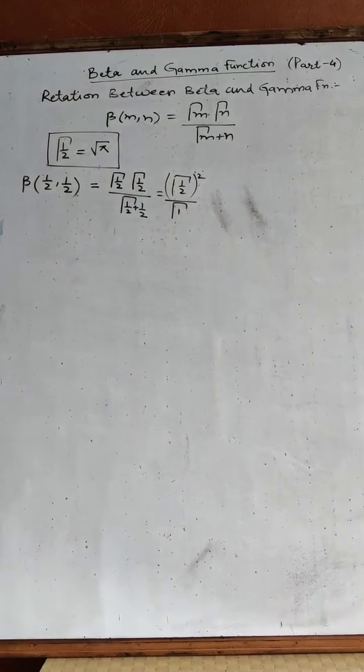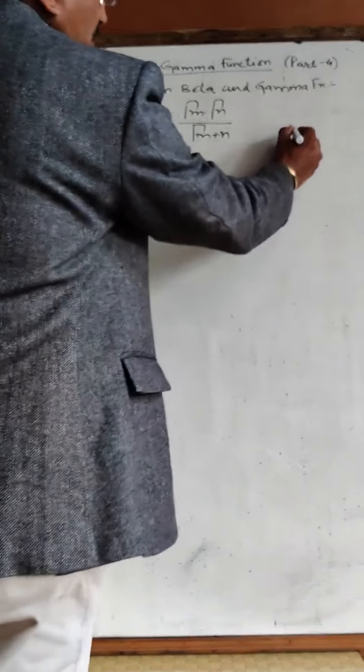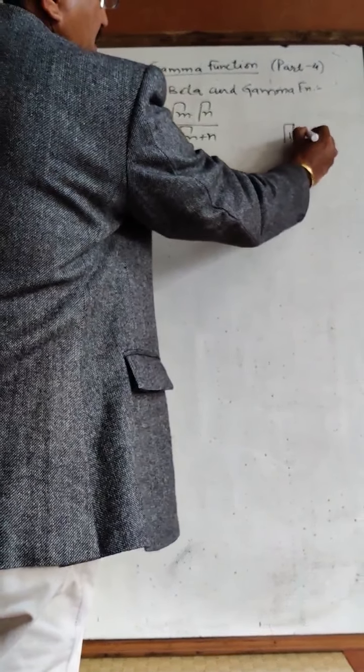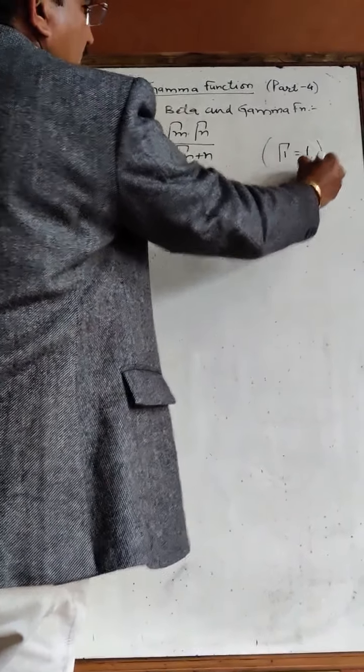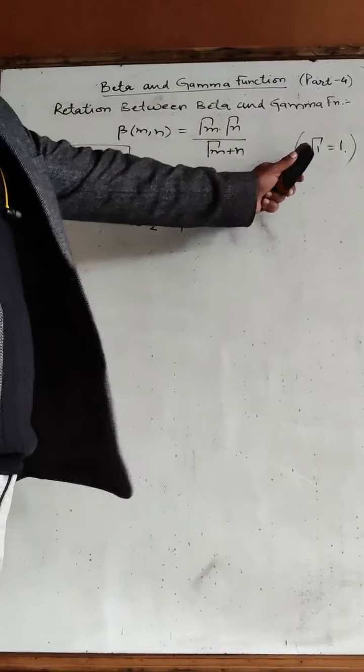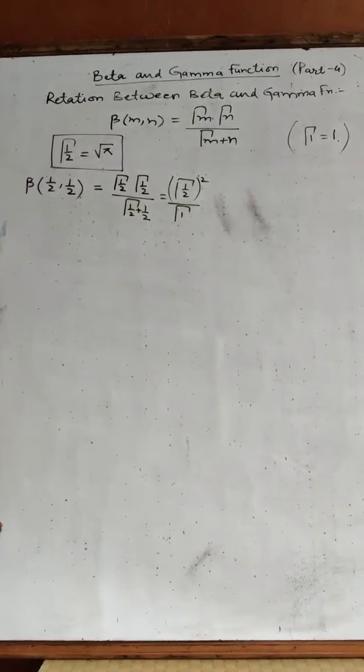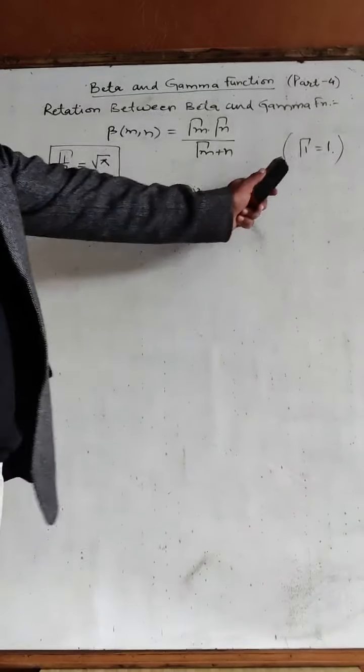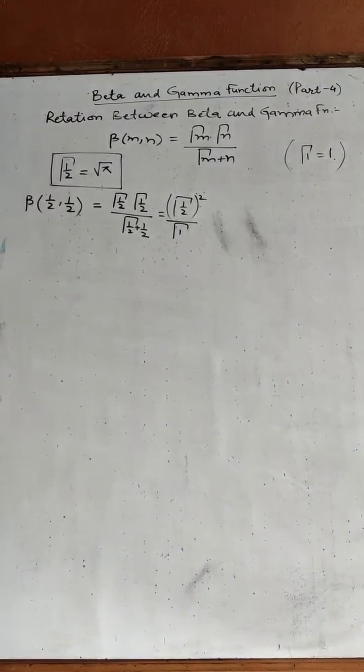And in our earlier lectures, we have already found that gamma of 1 is equal to 1. So students, keep it in your mind, or you can check our part 3 where we have shown gamma of 1 is equal to 1.